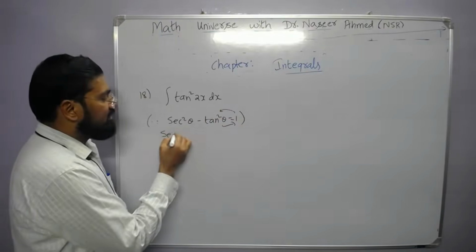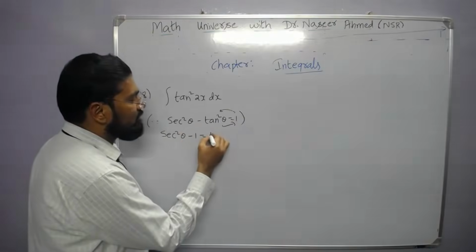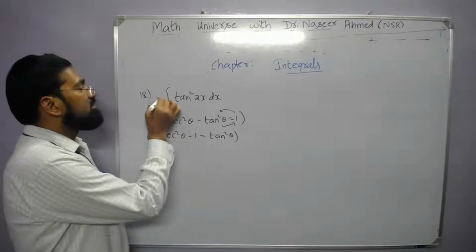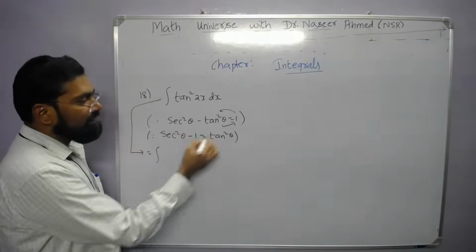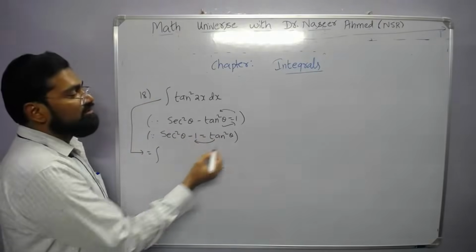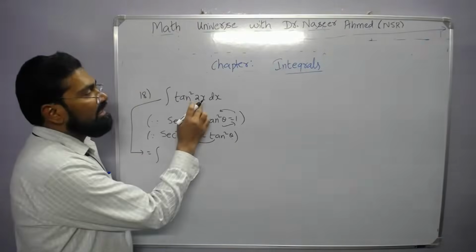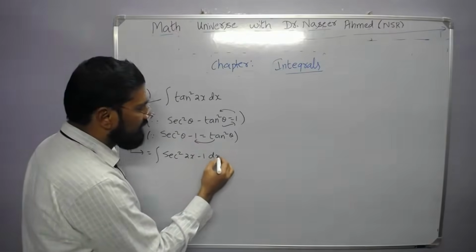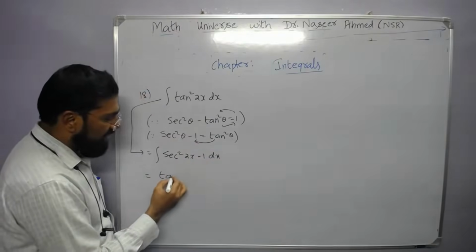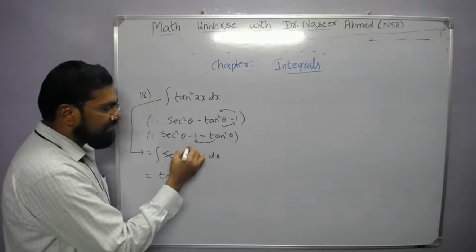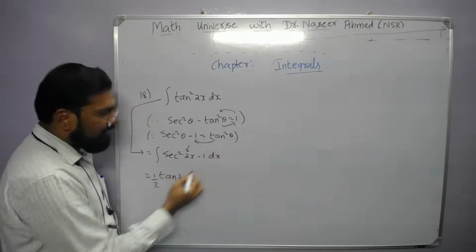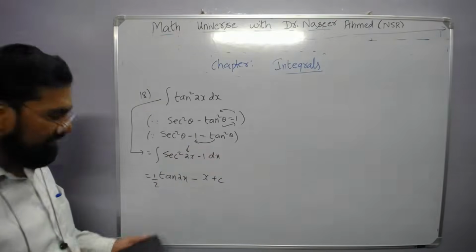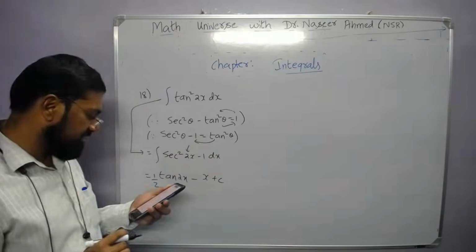So you get secant square theta minus 1 is equal to tan square theta. I'm going from right to left. Since the angle is 2x, I'll get secant square 2x minus 1. Integration of secant square is tan, angle is 2x, x multiple is 2, so divided by 2. Minus integration of 1 is x, plus c. Job done. Quite easily done. So that will be option C.